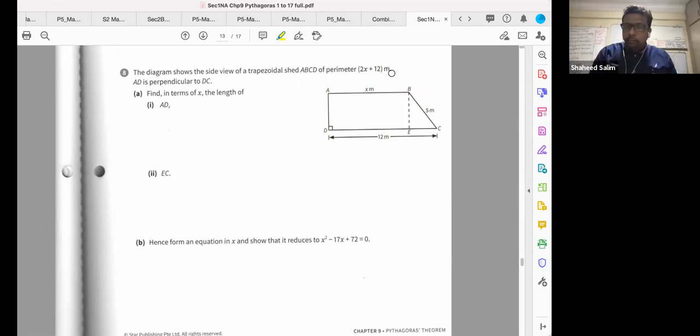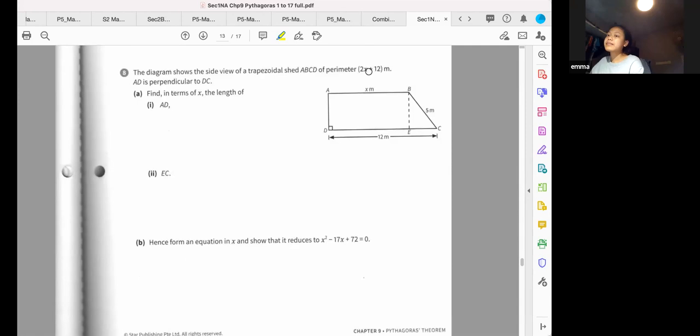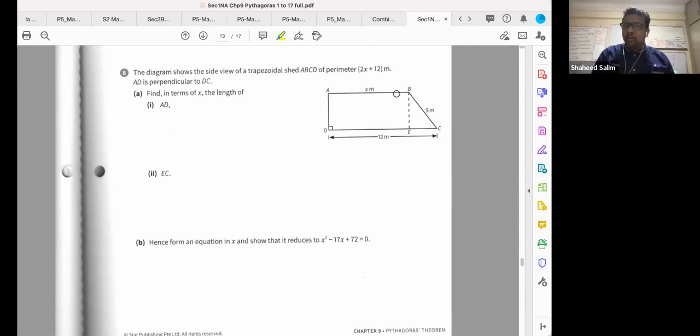You got a perimeter, you have this, you have this, you have this. You don't have this. Just minus. Perimeter is the whole thing. You minus what you know.